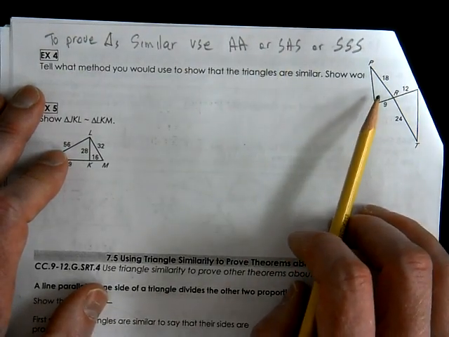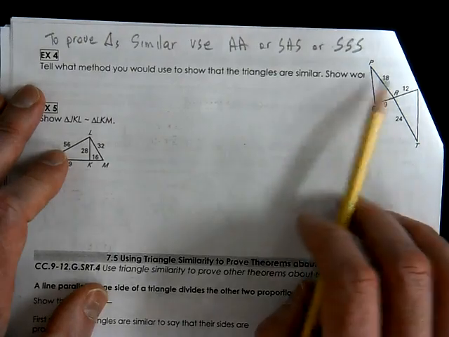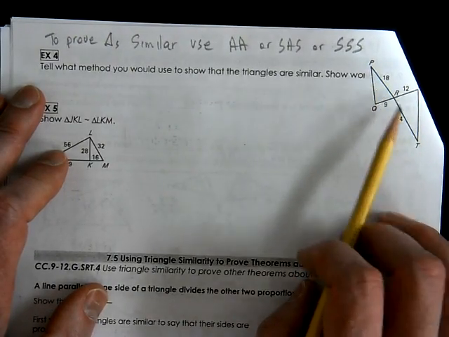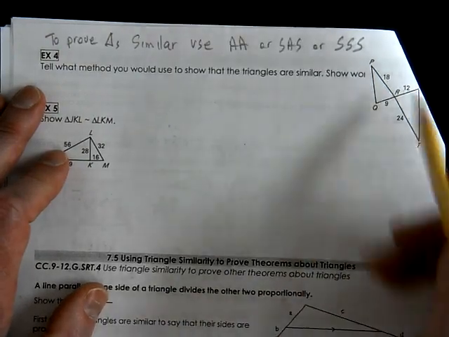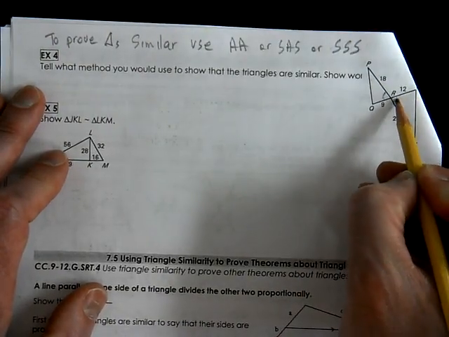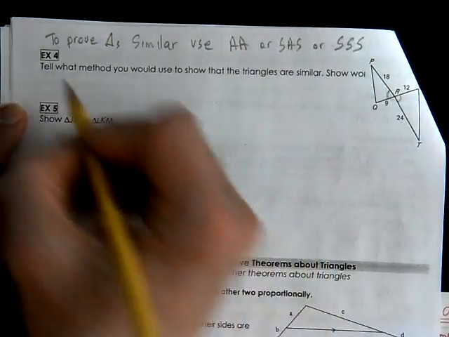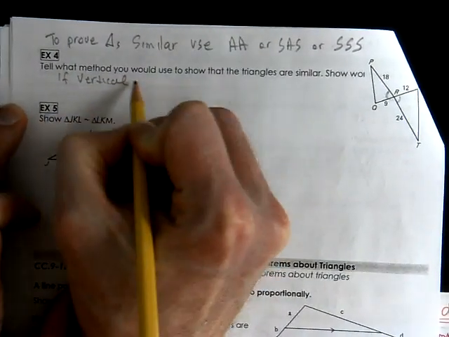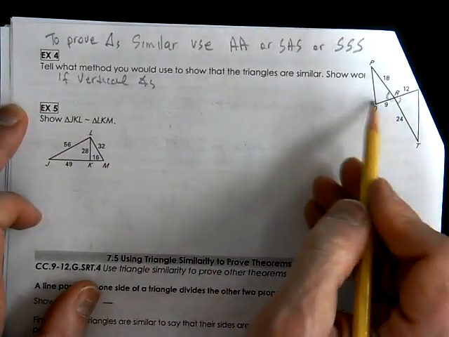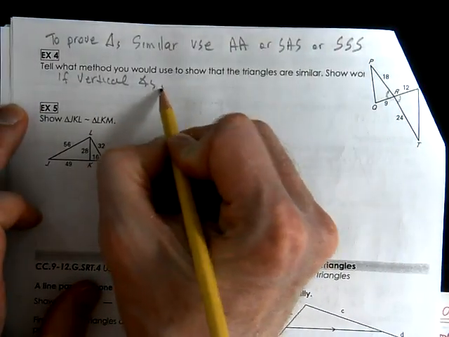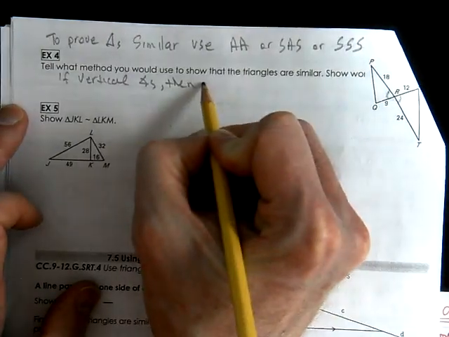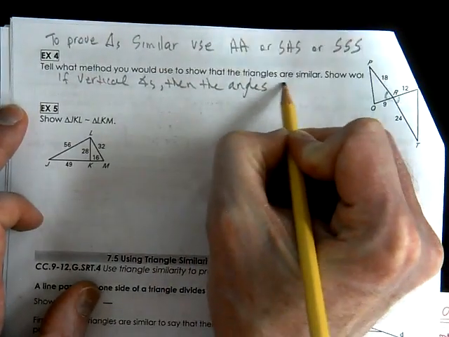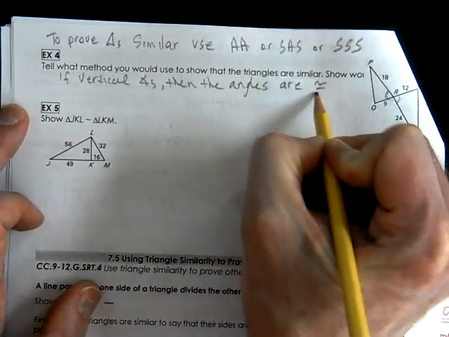So we look here. I don't have all the angles. I don't know 2 angles of one triangle. I know I have vertical angles right here. Since I have vertical angles, the angles are congruent.